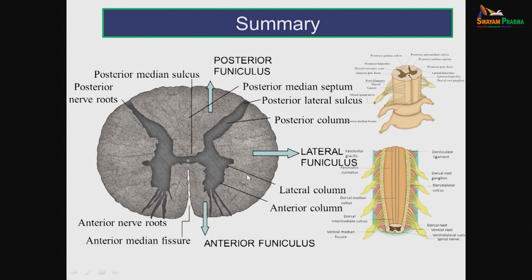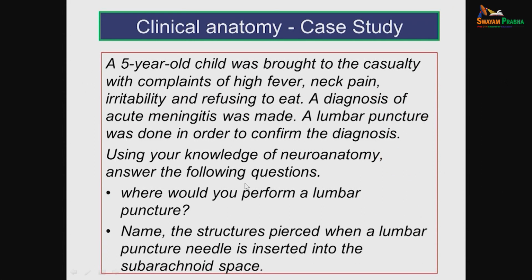So a tract is nothing but a collection of nerve fibers within the central nervous system which have the same origin, course and termination, and they are named after the various grey masses it connects. So this summarizes the external and internal features of the spinal cord. We will just finish with the clinical anatomy case study.